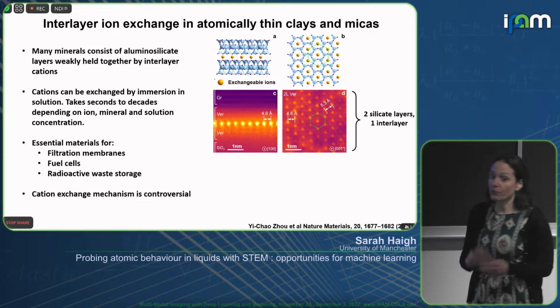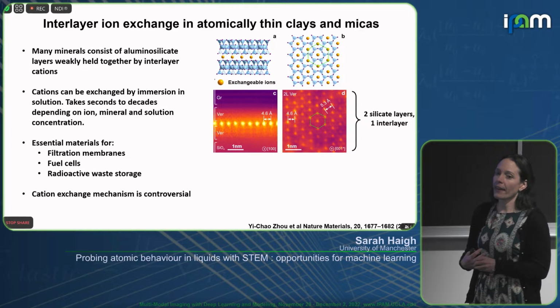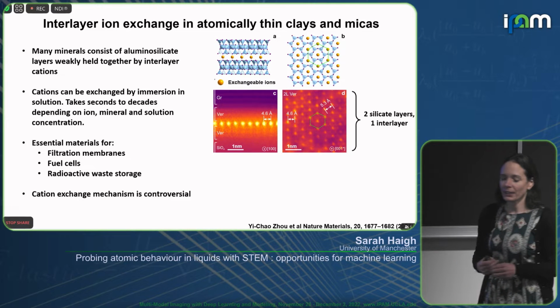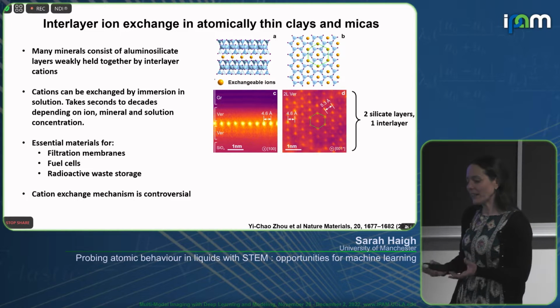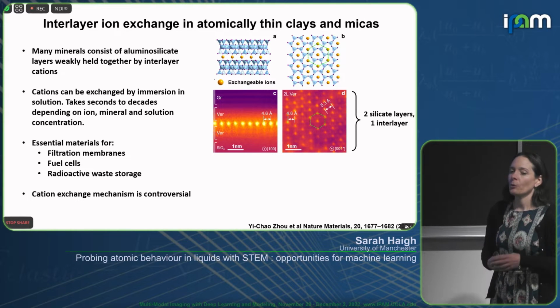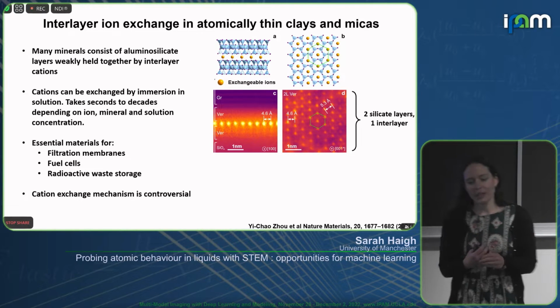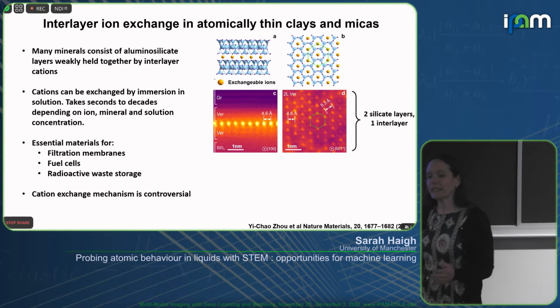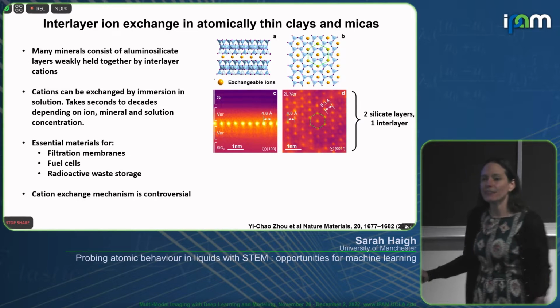You'll find them in filtration membranes in fuel cells. They are very important for understanding radioactive waste. I first came across clays, particularly illite, working with a collaborator who wanted to understand what happens when there is, like, the Fukushima natural radiation hazard, and there are radioactive ions that leak into the soil.